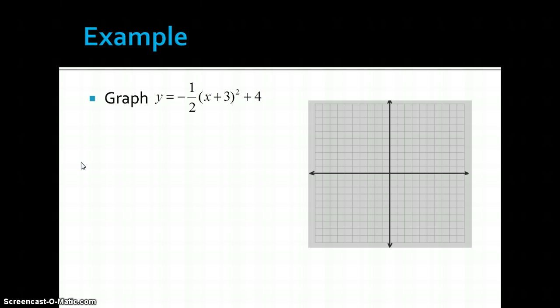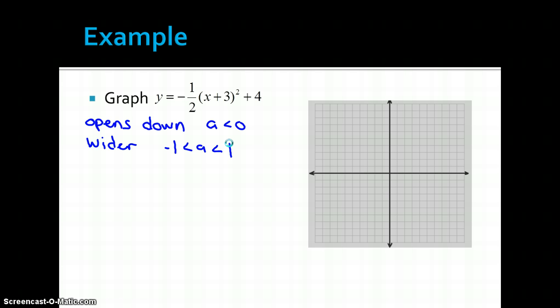So as we move on to this graph here, let's first describe it. This opens down because a is less than 0. This is wider because a is between -1 and +1.